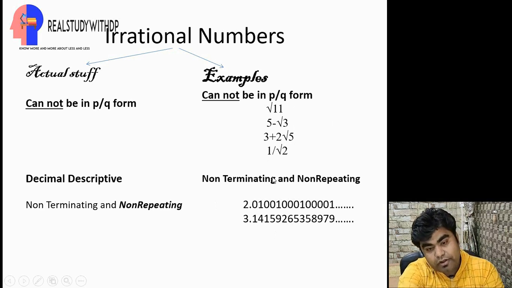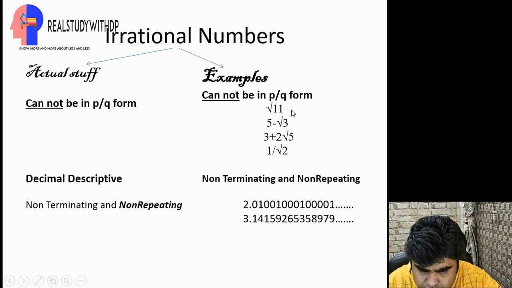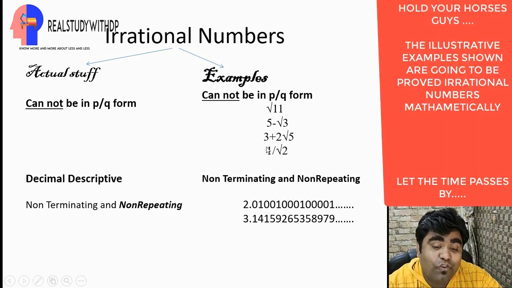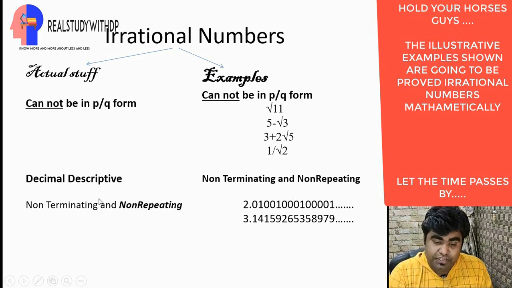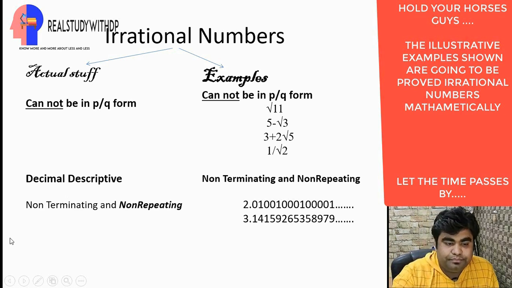So square root of 11 is an irrational number, and all the other three too. We are going to prove all these four numbers in the session itself.